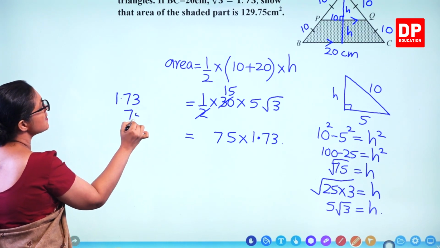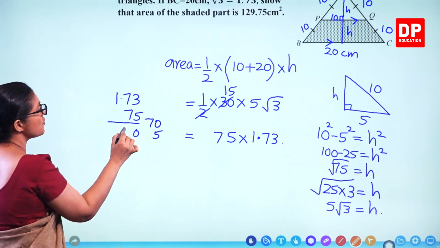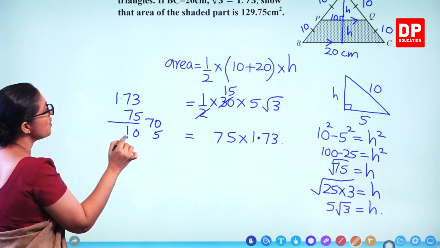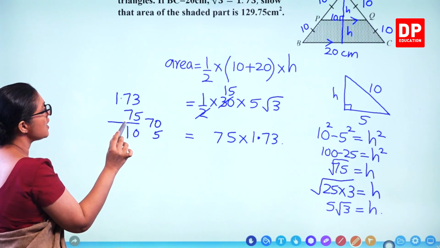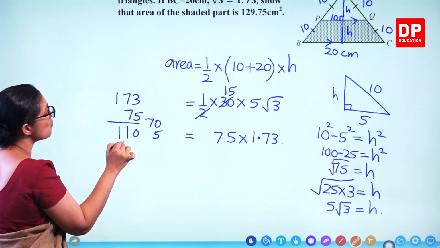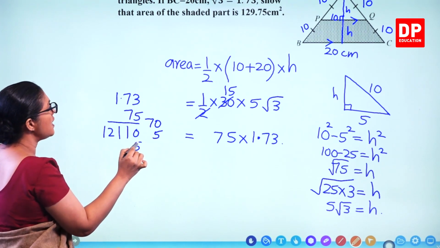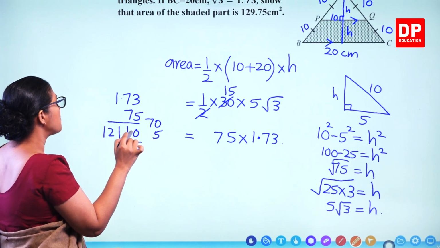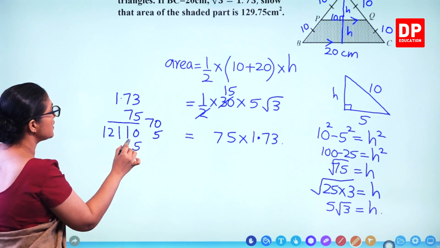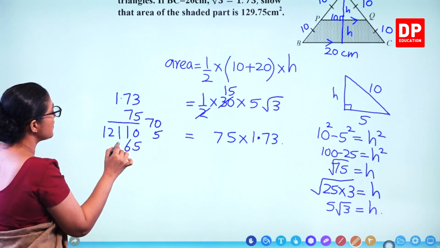1.73 multiplied by 75. This is 70 and 5. 7 times 3, 21. And 2 remaining. 7 times 7, 49 plus 2, 51. 5 remaining. 7 times 1, 7 plus 5, 12. 5 times 3, 15. 1 remaining. 5 times 7, 35 plus 1, 36. 5 times 1, 5 plus 3, 8.